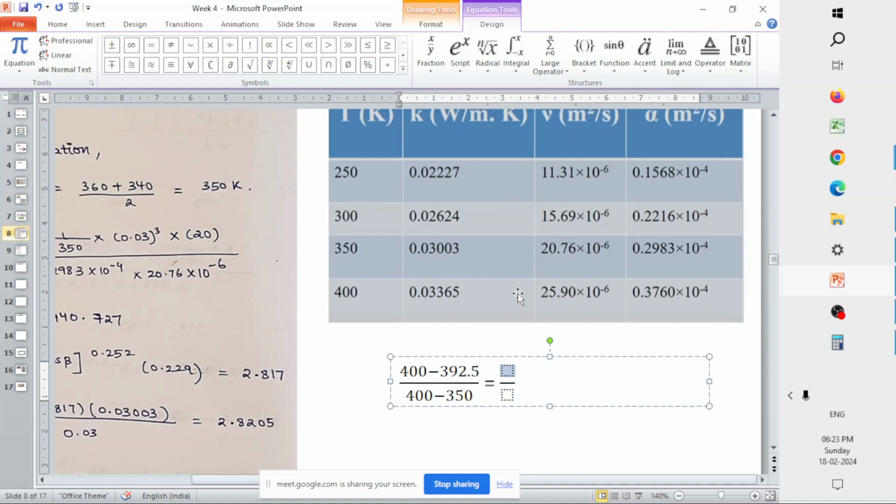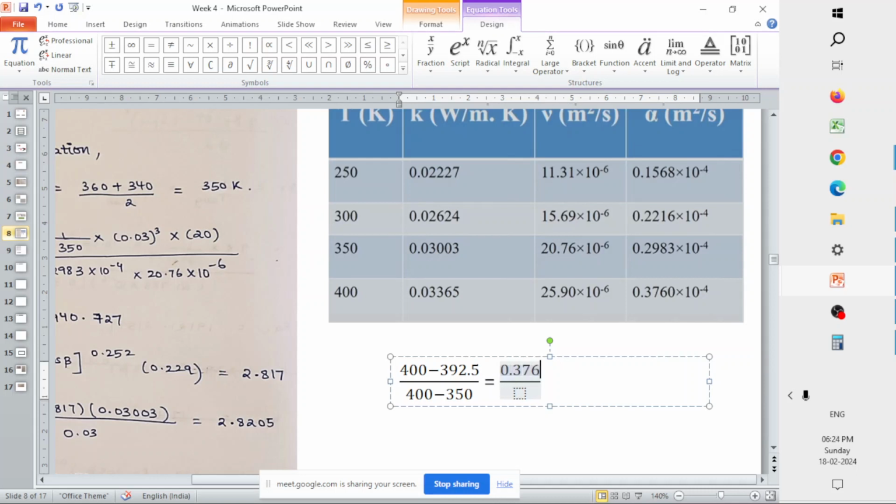So let's see for thermal diffusivity alone. For 400 the value is 0.3760 into 10 power minus 4. Since everything here is in the order of 10 power minus 4, I am just going to neglect the exponent and write the absolute value.